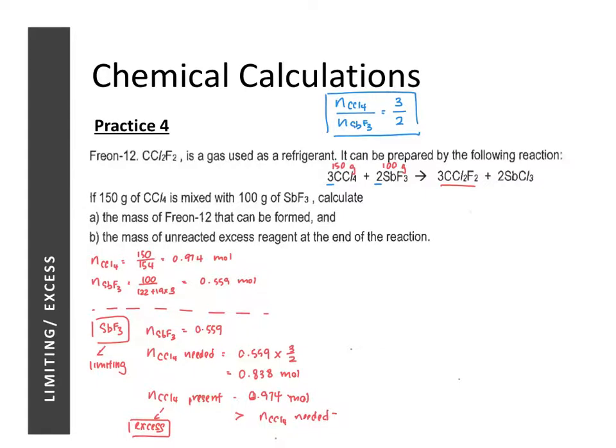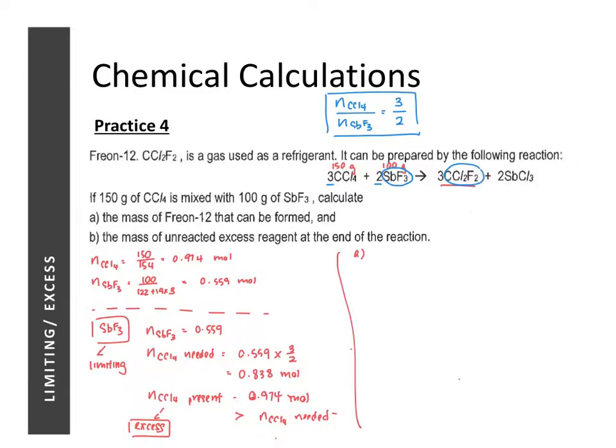So for part A, we need to find the mass of the product that can be formed. Once again, we need the second concept that we learned, which is that the amount of product depends on the limiting reagent. So we look at the limiting reagent, which is SbF3, and we want to find the amount of product that is formed.